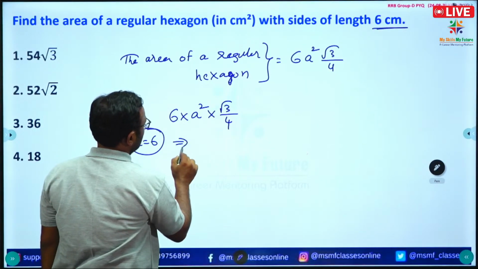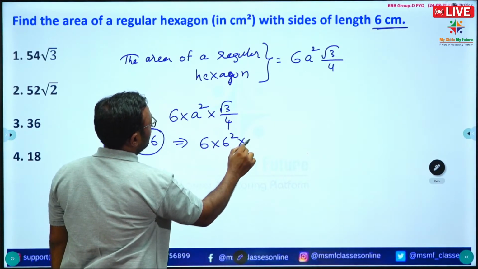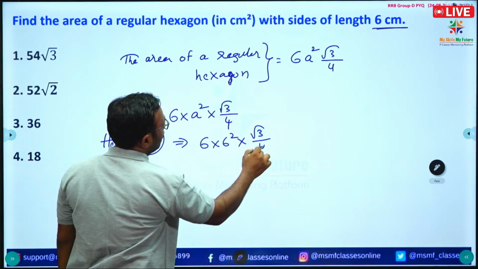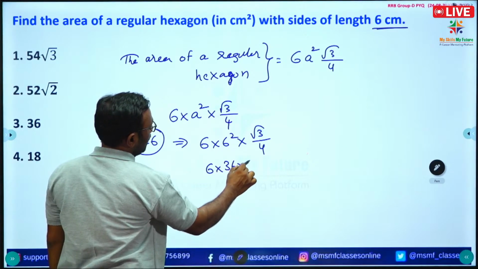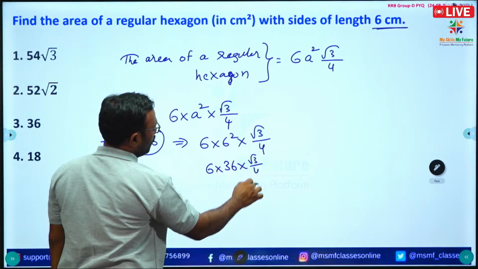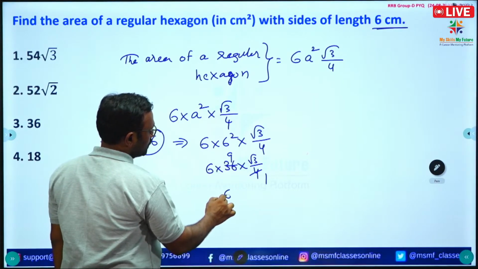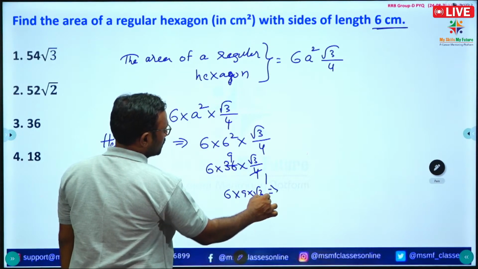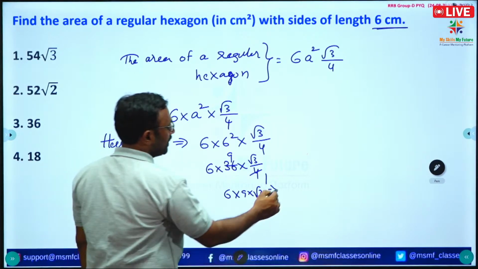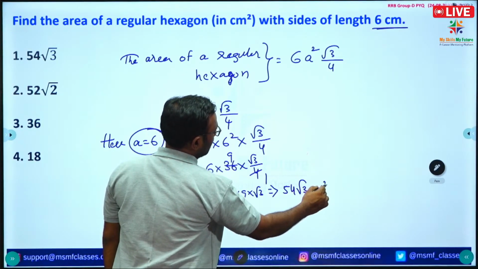Just substitute this value, 6 into 6 square into root 3 by 4. So 6 into 36 into root 3 by 4. 4 ones are 4, 4 nines are 36, so 6 into 9 into root 3. So 6 into 9 is 54 root 3 centimeter square.